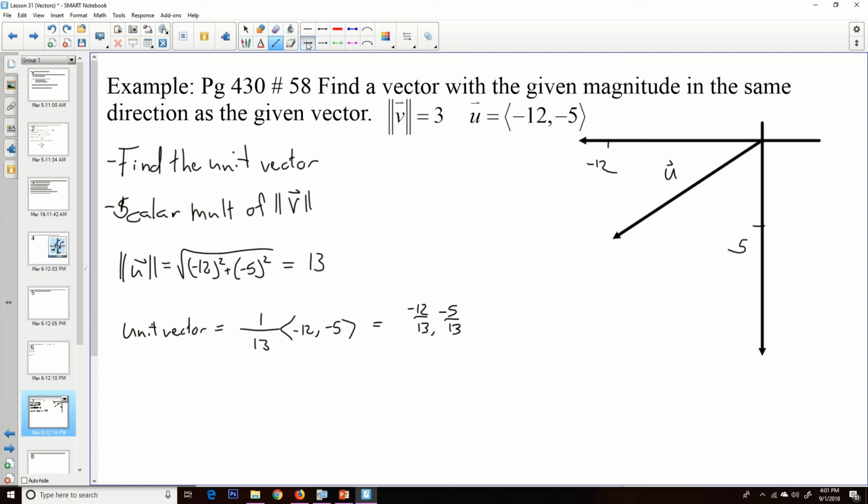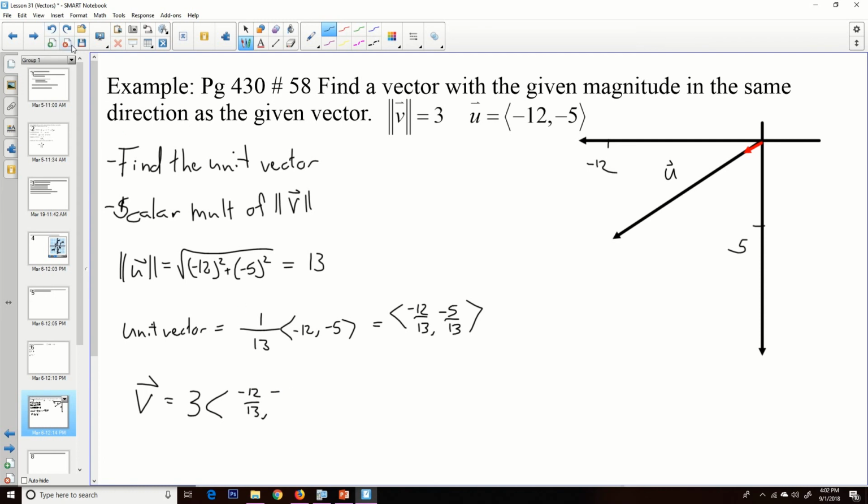So I've got a new vector here. We'll just grab this and change it to red real quick. Got a new vector that is 1 unit long, where this one was longer than 12. And so to find vector v, we're going to take this new unit vector and multiply it by the magnitude of the vector that we're looking for. So 3 times negative 12 over 13, comma, negative 5 over 13.